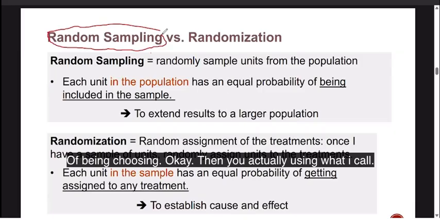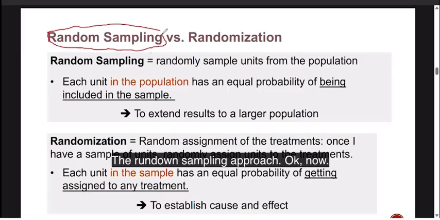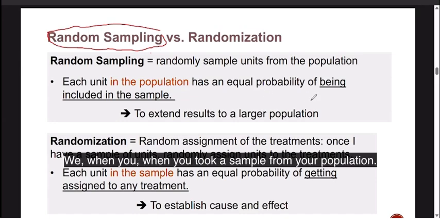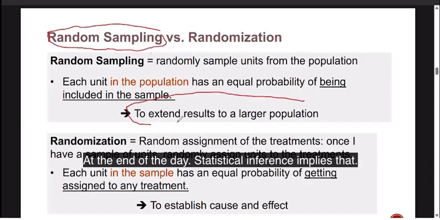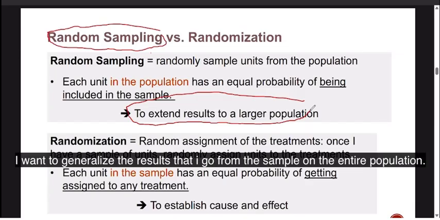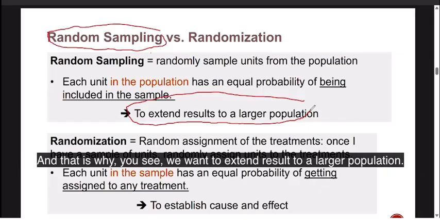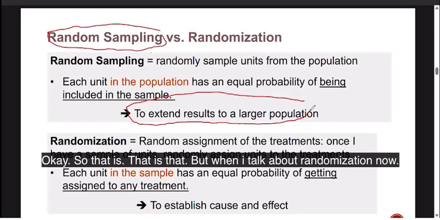Then you're using a random sampling approach. Now, when you take a sample from a population, statistical inference implies that I want to generalize the result I got from the sample to the entire population. That is why we want to extend the result to a larger population.